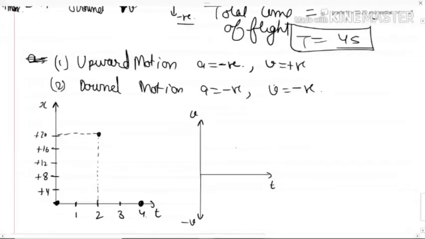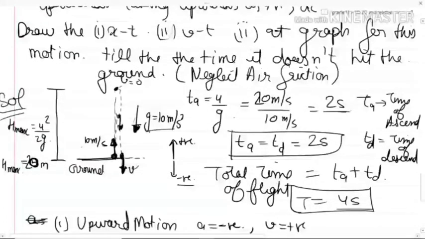So guys, see over here, velocity initially, what was the velocity initially? What was the initial velocity, guys? 10, sir. 10 meter per second in the positive direction.